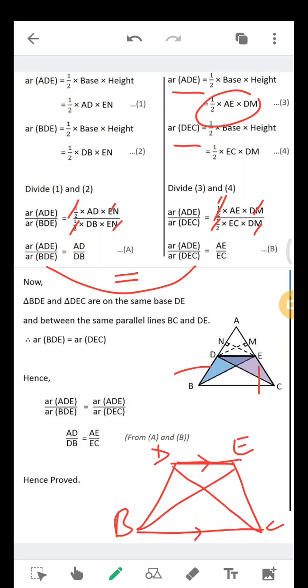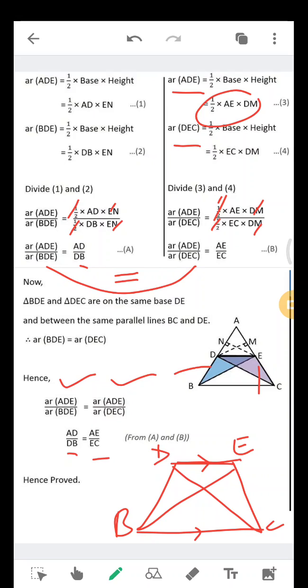So finally ADE by BDE is equal to ADE by DEC, because these two became equal by theorem and these two are already equal. So when these two are equal, their right hand sides will also be equal, that is AD by DB is equal to AE by EC.